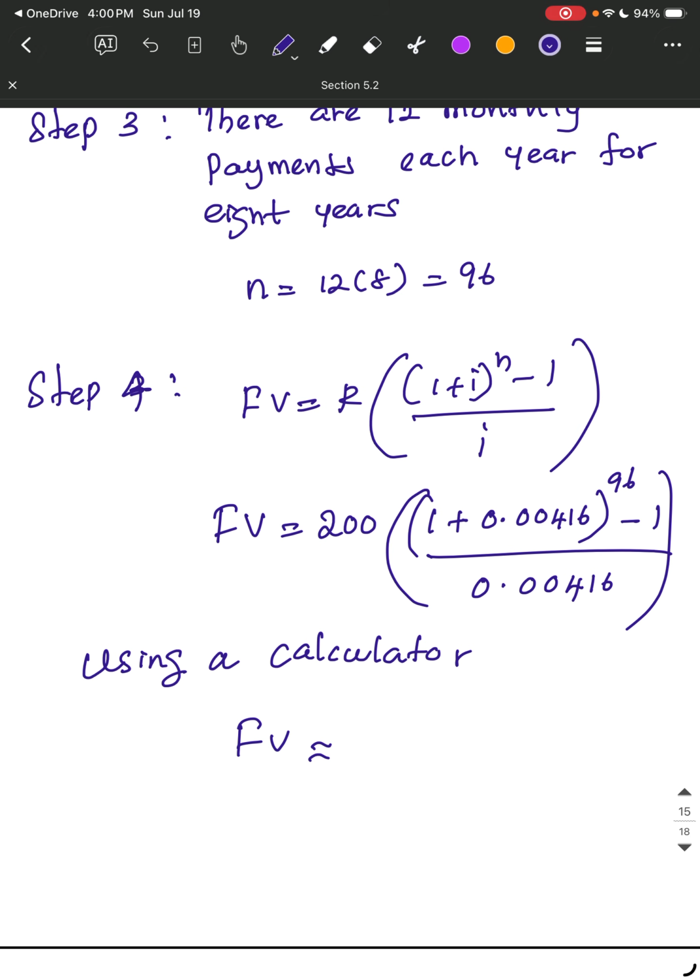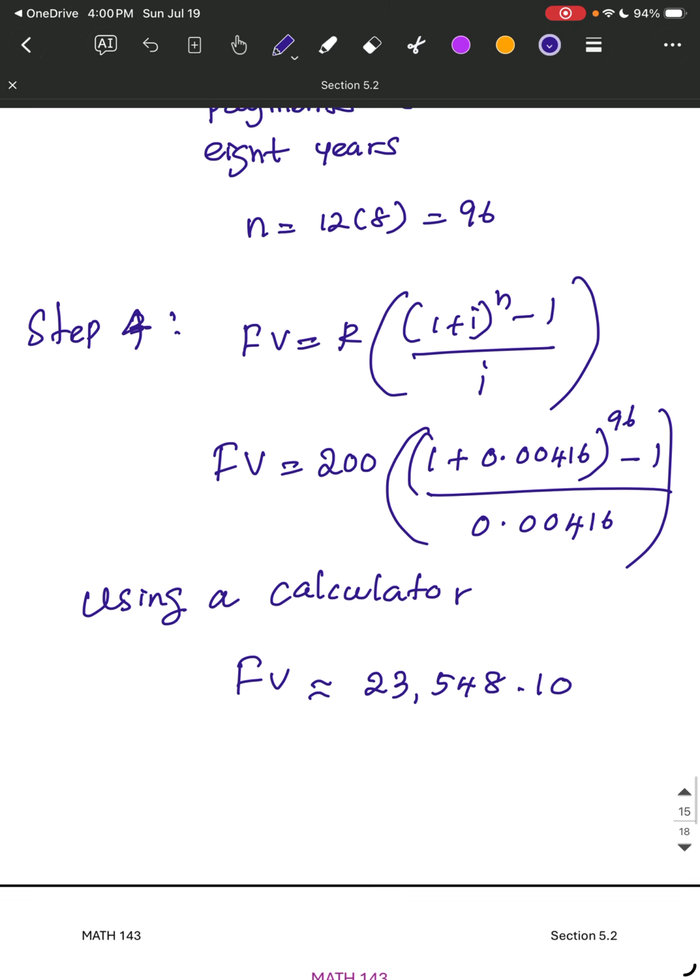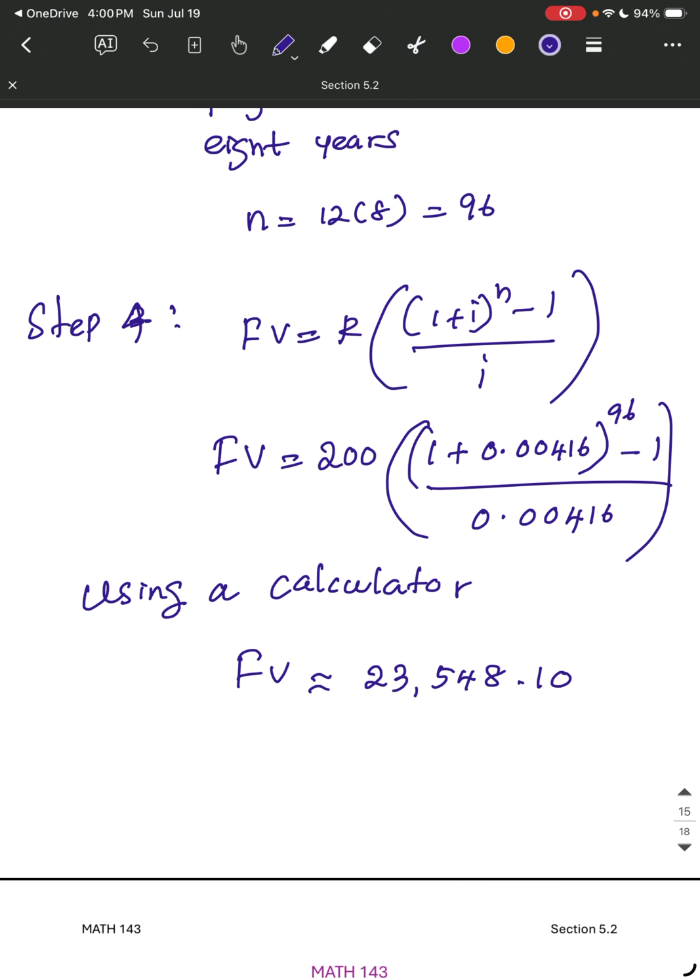Therefore, the account will contain approximately $23,548.10.